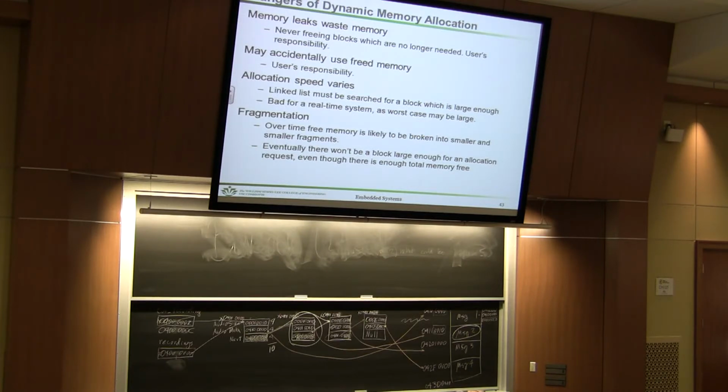And then, of course, the biggest problem, as I said, is that over time you're going to fragment all this memory. But at this point, it's what we've got, and it works for the most part if you follow the rules: when you allocate memory, you use it, and when you're done, you free it up.